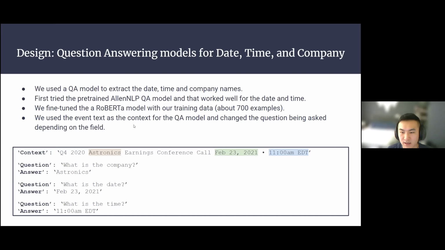How we used the QA model was basically using the event text as the context and changing the question that's asked depending on the field. An example of that can be seen in this picture, where we have some text, then we ask a question and hope the model can extract the answer.